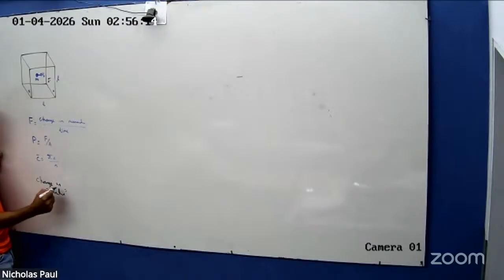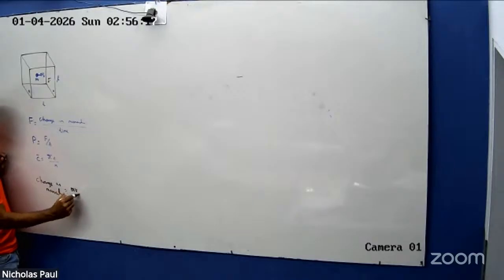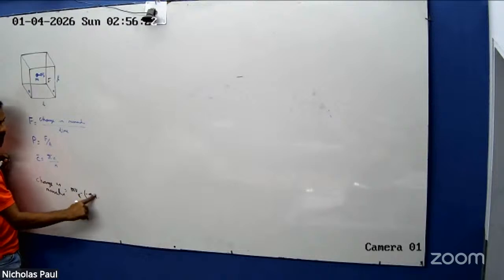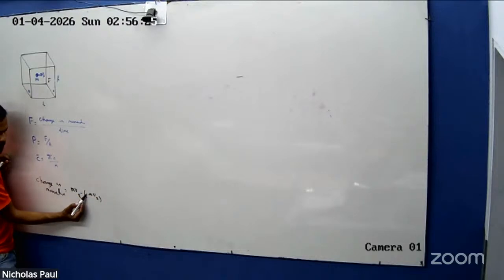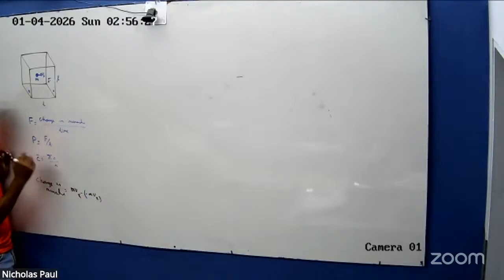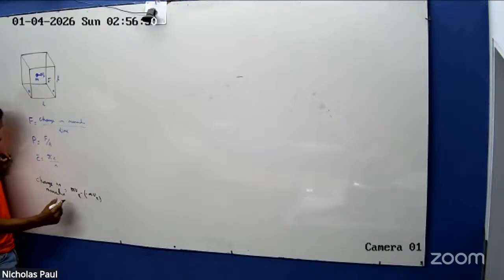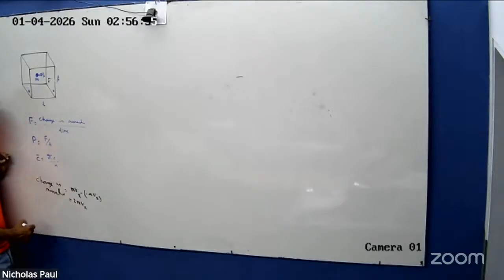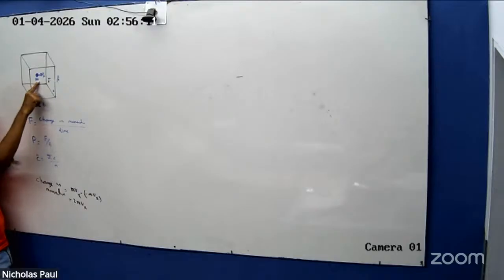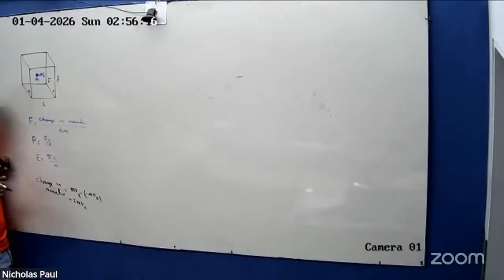The change in momentum will be the final momentum minus the initial momentum. The reason I have a negative sign here is because it's the opposite direction. Same speeds, so this becomes a plus, and I'll end up with 2mVx. The mass is staying the same. We are assuming everything is elastic, so nothing is changing. So your change in momentum is 2mVx.